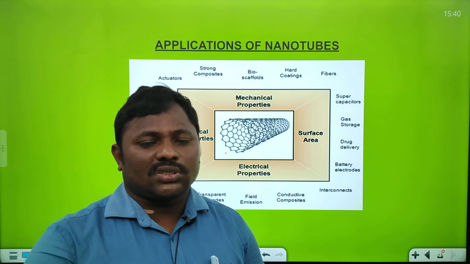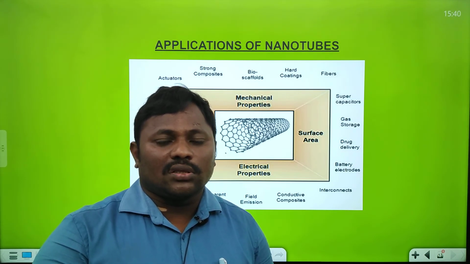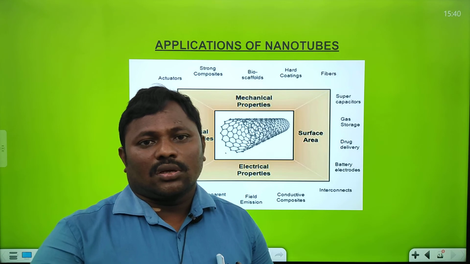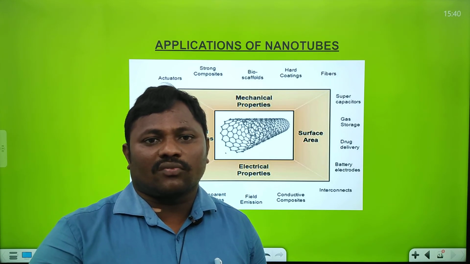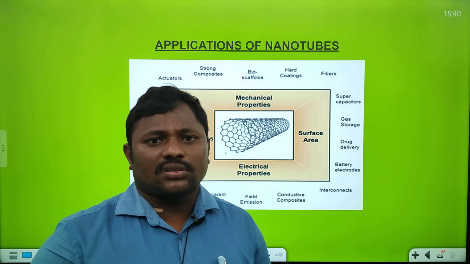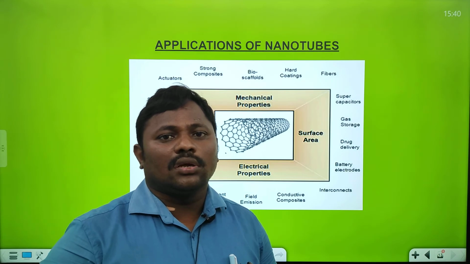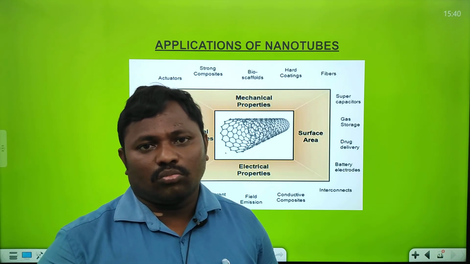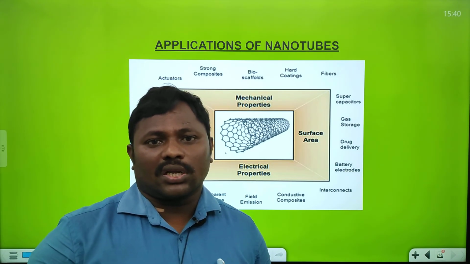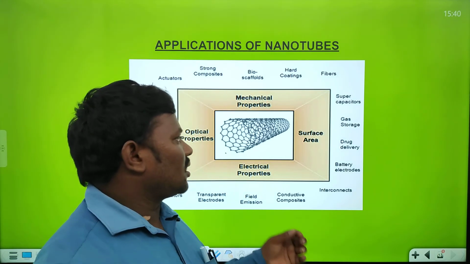Here the questions they will ask: what is the conductivity compared to copper, of the nanotube, Buckminster fullerene or graphite? Compared to copper, directly take it as 200 times more conductivity. And what is the structure of graphite layers?